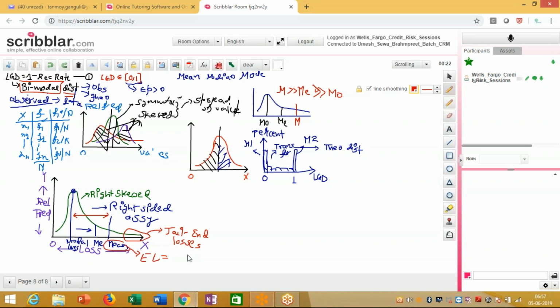So this expected loss is used for ALLL, for reserving allowances for loans and lease losses.